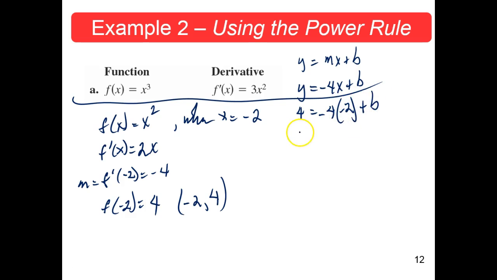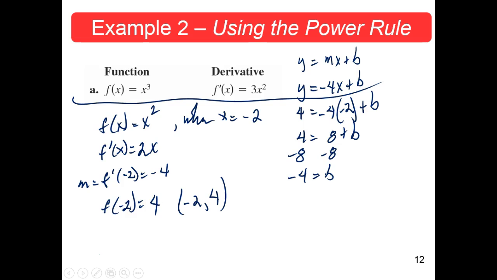And what does this give you? 4 is equal to negative times negative is positive 8 plus b. Now, subtract 8 from both sides, and that gives you -4 is equal to b.